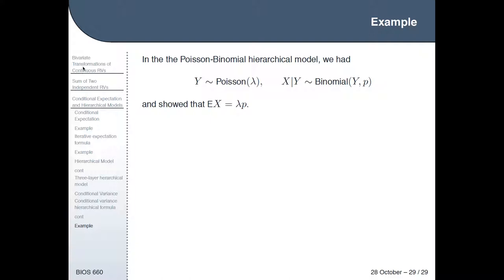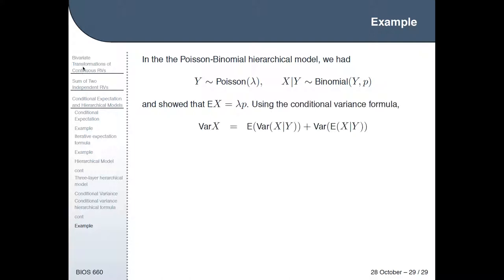Recall our Poisson-binomial hierarchical model, our insect example, that Y is Poisson with rate parameter lambda, and the conditional distribution of X given Y is binomial with Y trials and probability p of success. We showed the expected value of X is lambda times p.